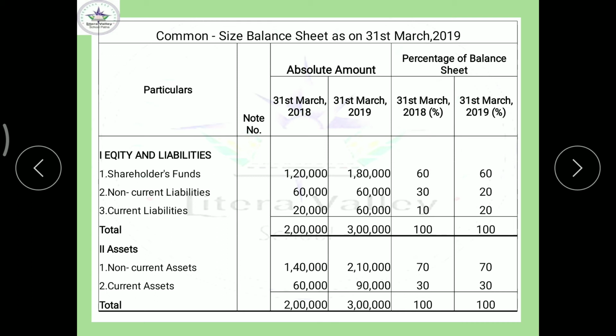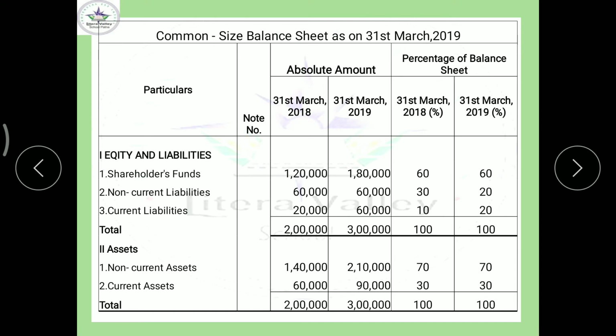Okay, total non-current liabilities is given 60,000 and you have to find out the percent of this against 2 lakh. So here again it will be 30%. You can see current liabilities is given 20,000. So 20,000 divided by 2 lakh is here 10%.